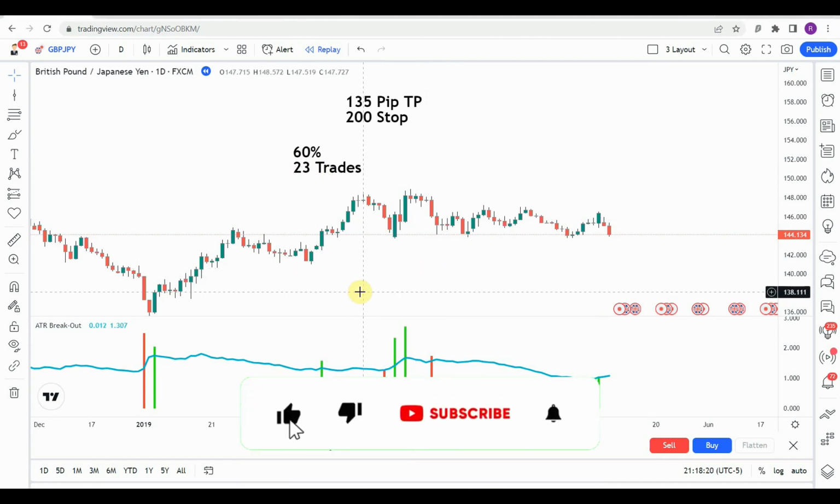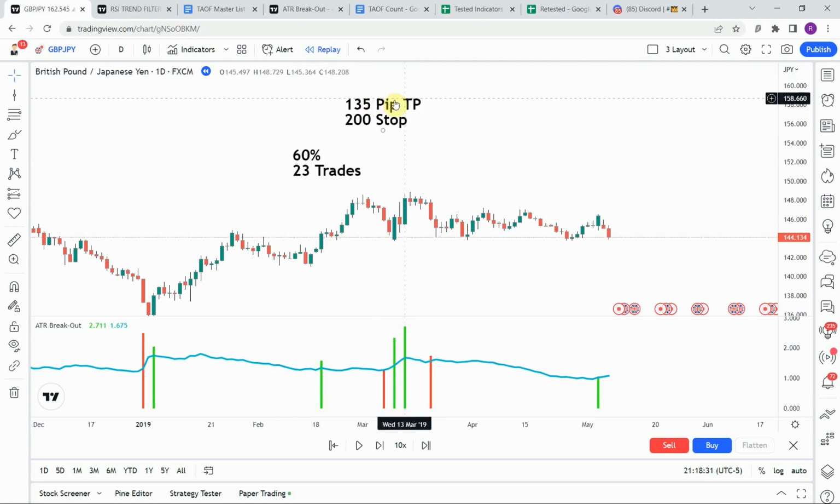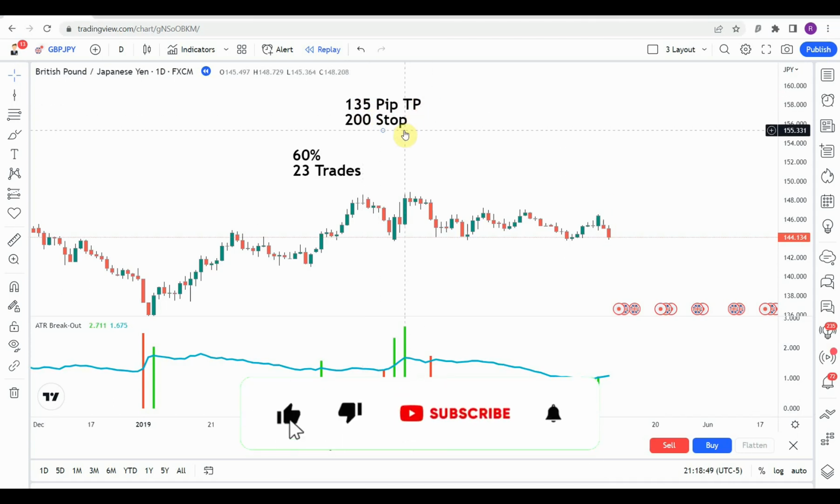When we do these retest videos, I'm going to try to start putting the original win rate and number of trades that it was able to achieve, as well as the take profit and the stop immediately right here on screen, so everybody can see it, especially the take profit and stop, because on some of the indicators we're lowering the time frame and we are modifying the take profit and stop.